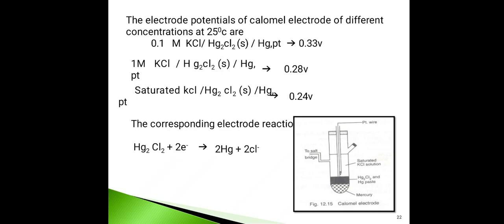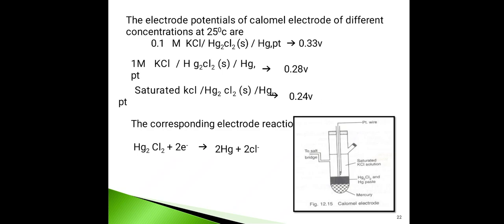that is, we have three types of calomel electrodes. Number 1 is the normal calomel electrode, number 2 the decinormal calomel electrode, and number 3 the saturated calomel electrode. You take the normal calomel electrode with a 1 molar concentration.